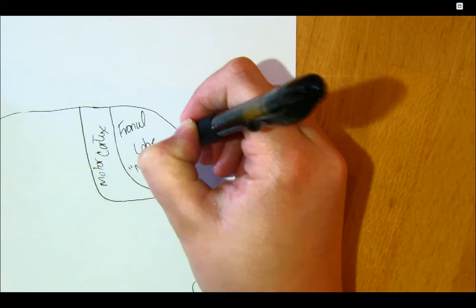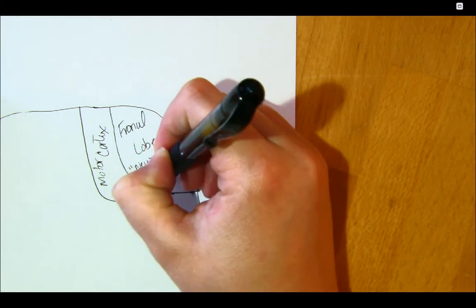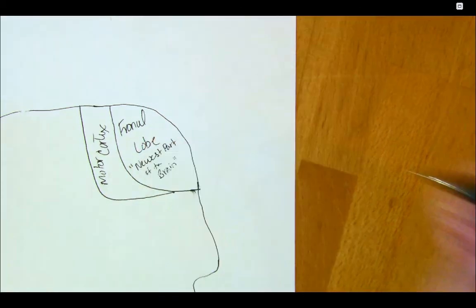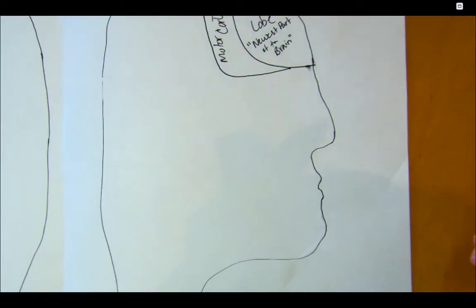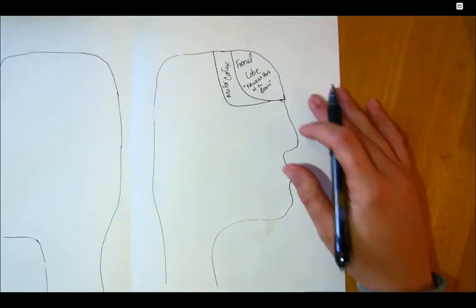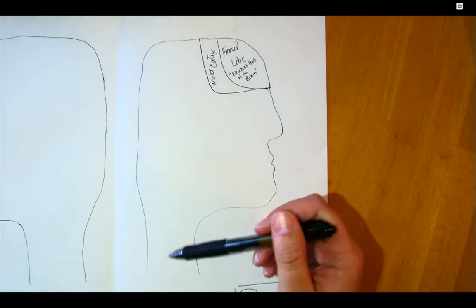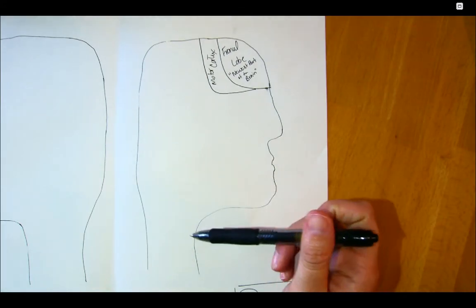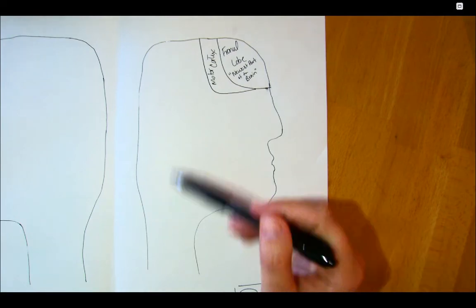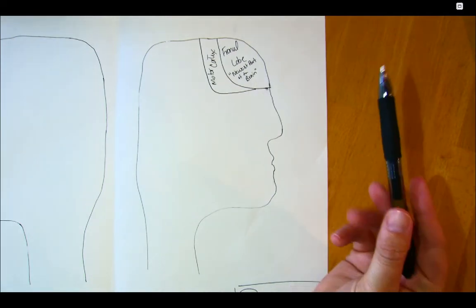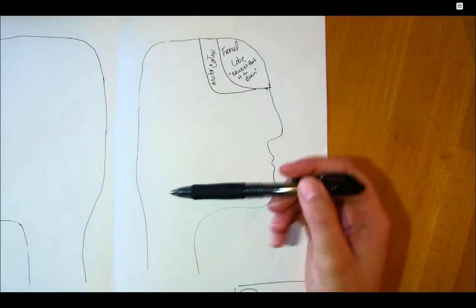The reason why we call it the newest part of your brain is that when our ancestors, monkeys, our animal ancestors, were evolving, we've come from monkeys and here we are to humans who have things like the internet and crazy buildings and all that cool stuff.